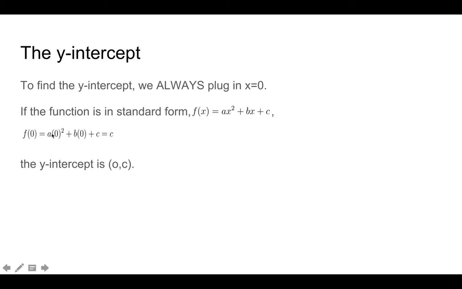If we plug in 0, we get a times 0 squared plus b times 0 plus c. We just get c. Everything else is 0. So the y-intercept, there's no work. It's always 0, comma, c. Whatever that constant at the end is, if we're in standard form. Okay, so y-intercept, done. We got every y-intercept.